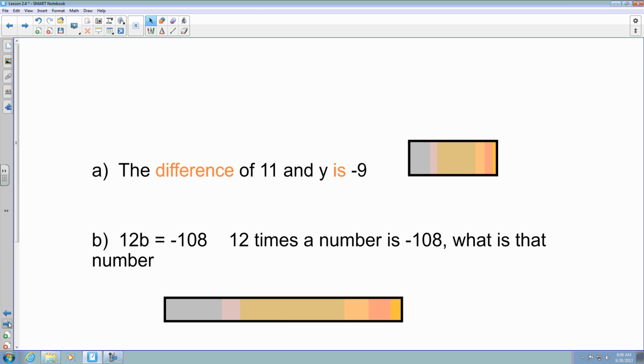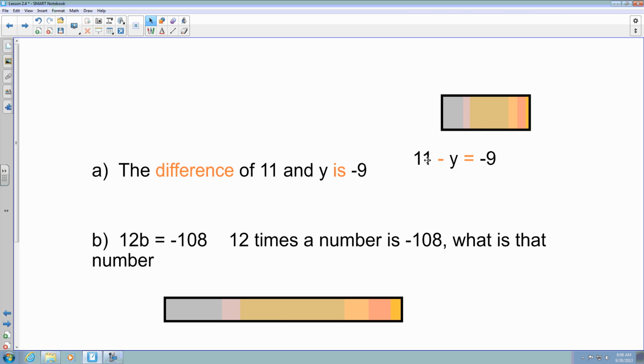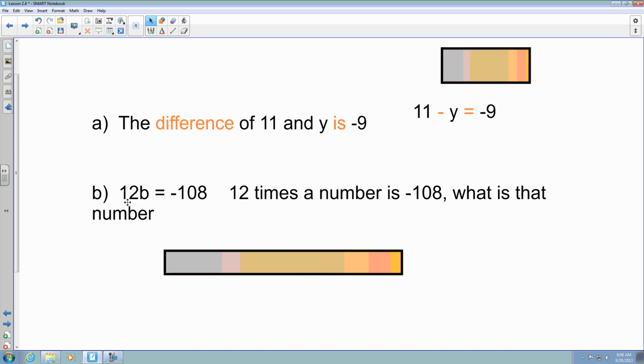Keeping on with different examples of the verbal model, we have: the difference of 11 and y is negative 9. So we have 11 minus y, that's where the difference comes in, equals negative 9. For b, we have 12b equals negative 108.